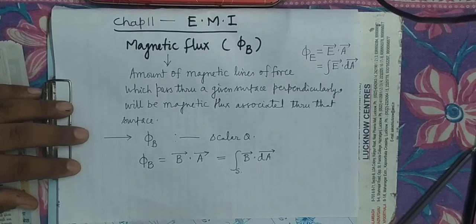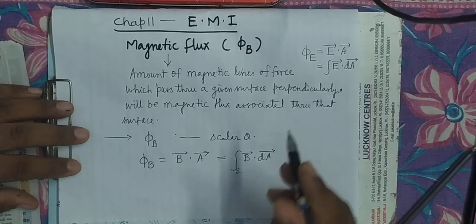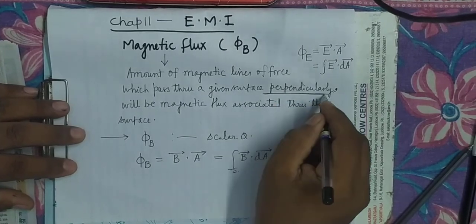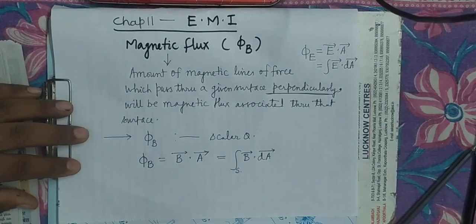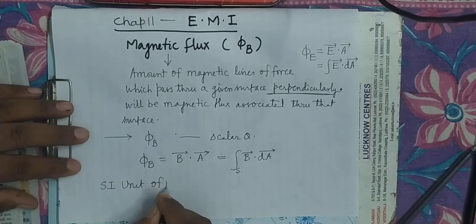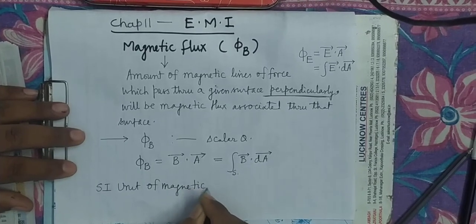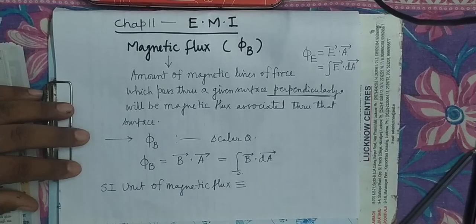So you can see here, magnetic flux gives the amount of magnetic lines of force which pass through a given surface perpendicularly. It's clear. Now this is the product of magnetic field and area. So what is the SI unit of magnetic flux? What is the SI unit of magnetic field?